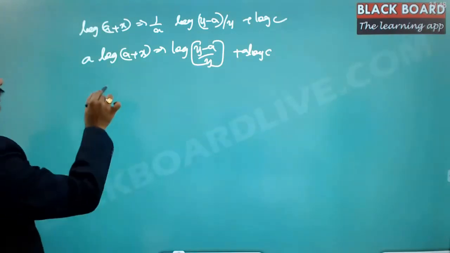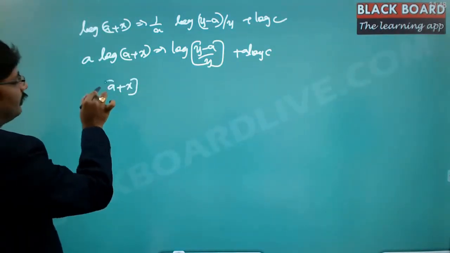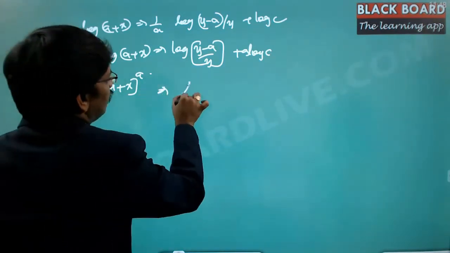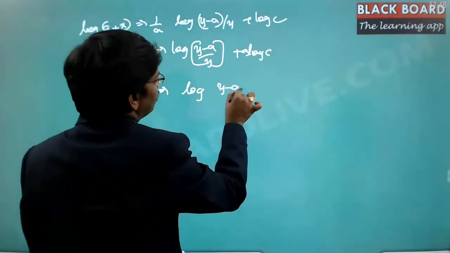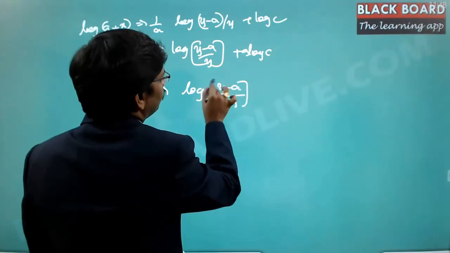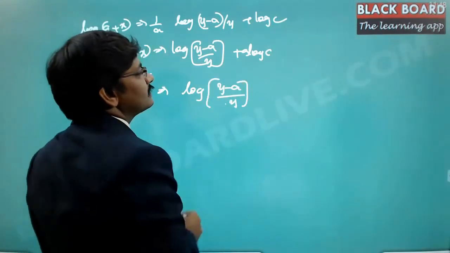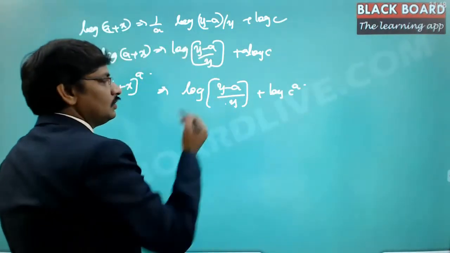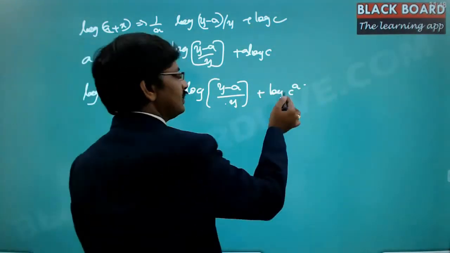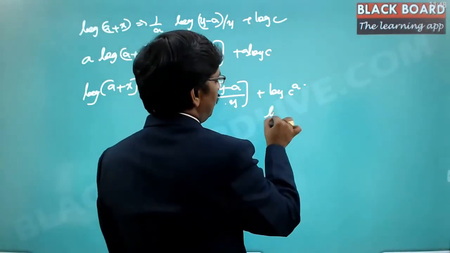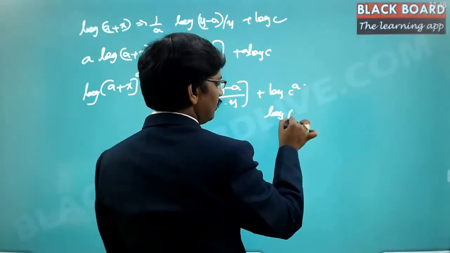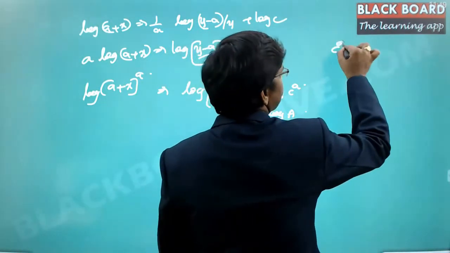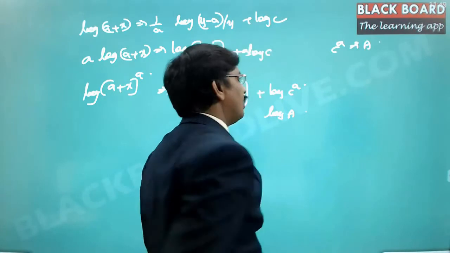Or this can be (a plus x) whole power a is equal to log of (y minus a) by y times, as this can be treated as log of c power a, and then you multiply this. So log of c power a, we treat this as log of some constant A. So c power a is equal to A, that is the meaning of it. A being the arbitrary constant.